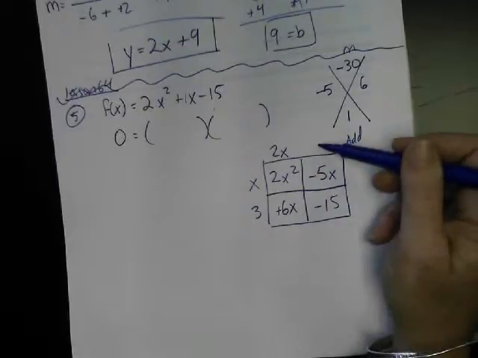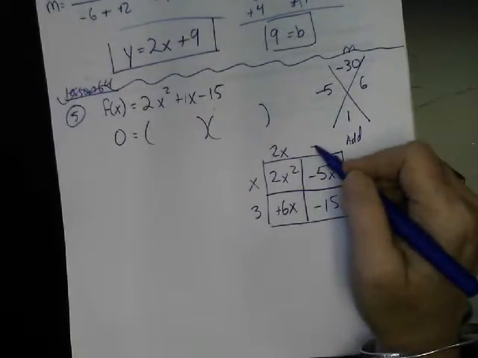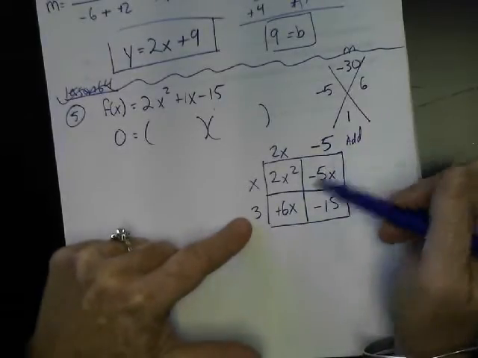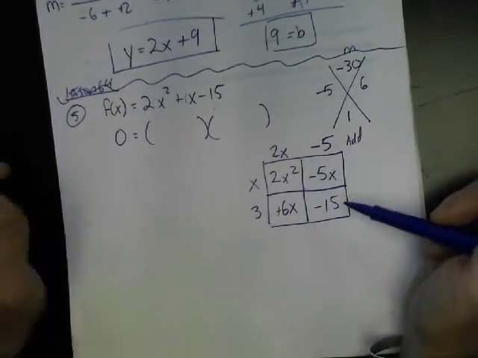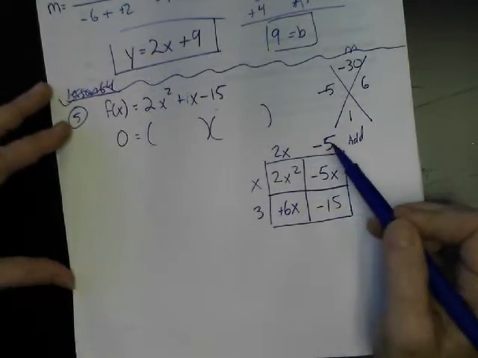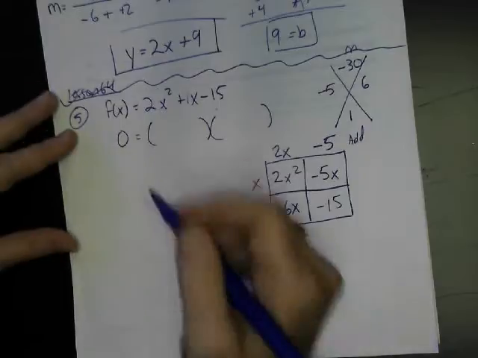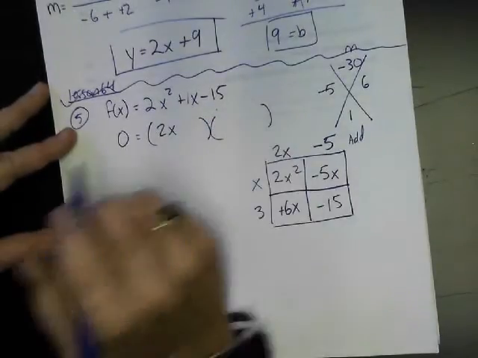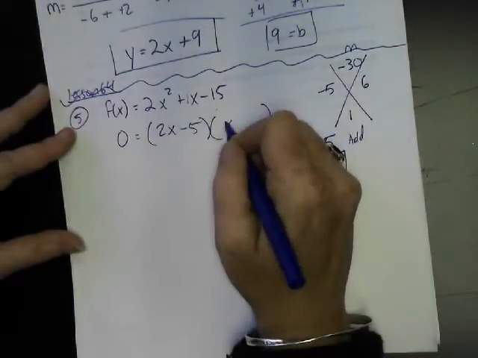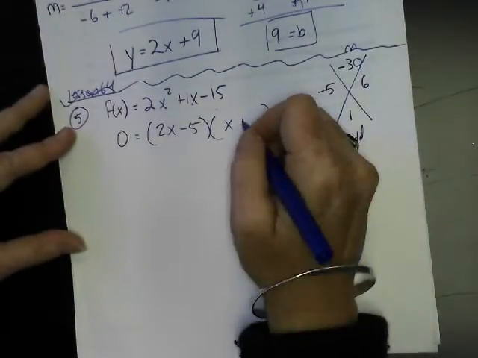We've got an x here, so we need a negative 5 up here. And then we check down here and make sure that this times this makes this, and it does. So this thing right here is what goes in my parentheses: 2x minus 5 and x plus 3. Since it's not negative, it's plus.